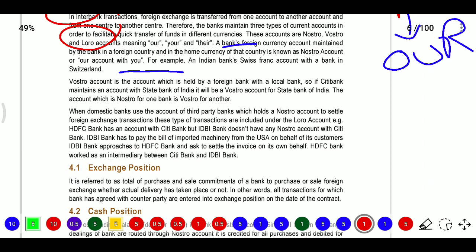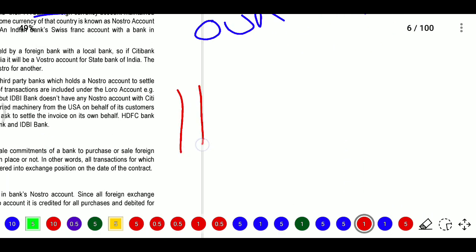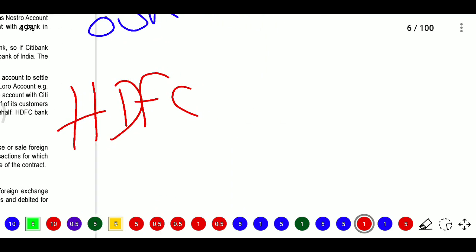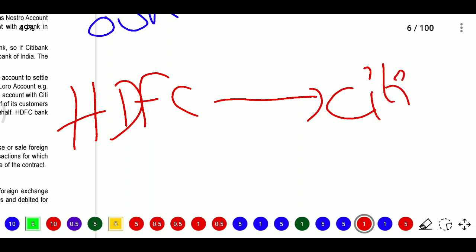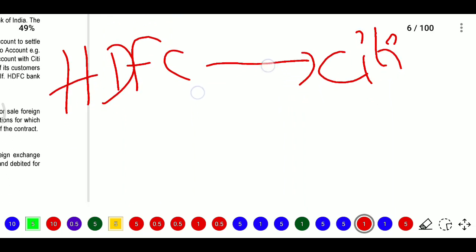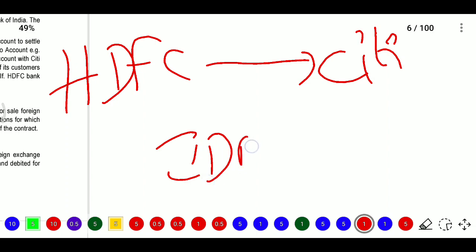For example, HDFC Bank has an account with Citibank, but IDBI Bank does not have any Nostro account with Citibank.